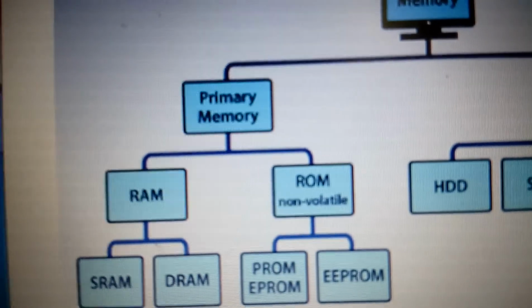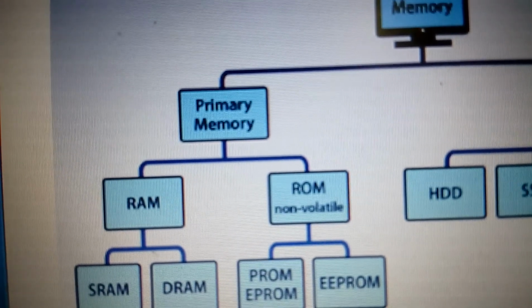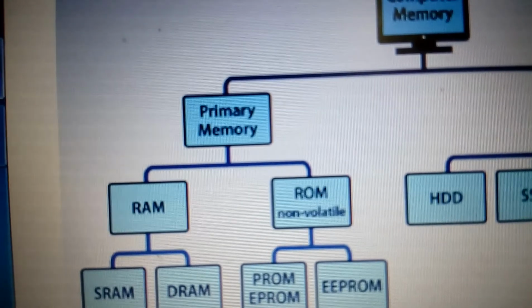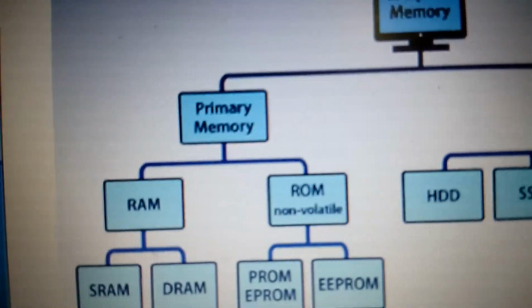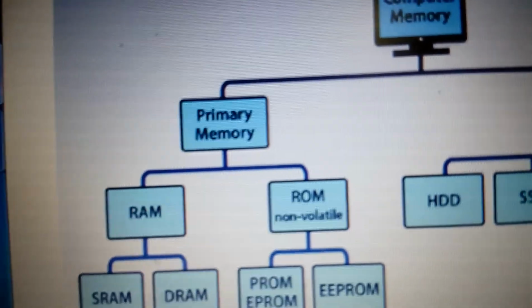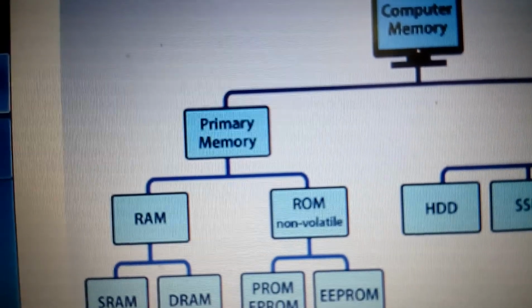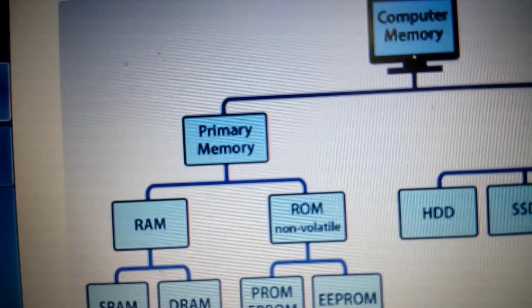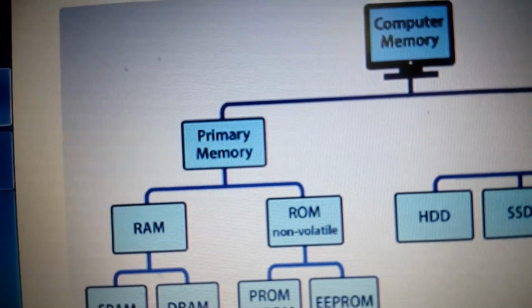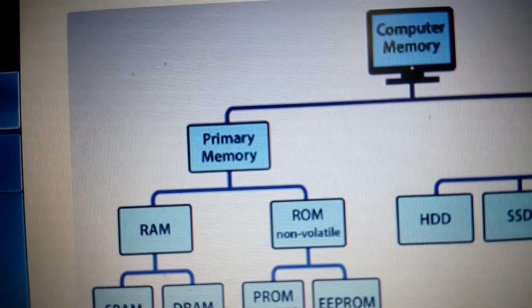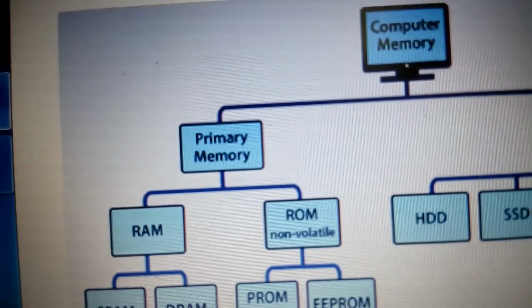The ROM part. ROM refers to memory chips used for storing data that can be read only. ROM chips contain data and instructions or information that is recorded permanently, and we can say these are firmware, F-I-R-M-W-A-R-E.